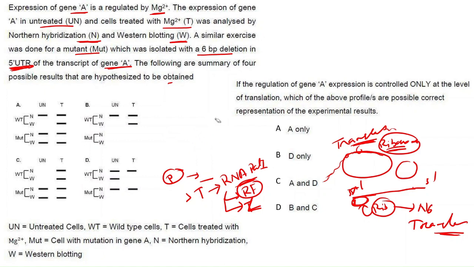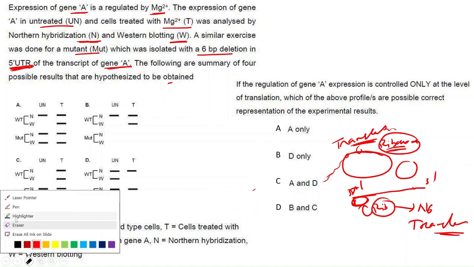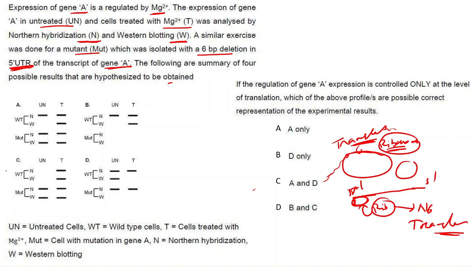So if in an untreated cell, let's talk about untreated. In untreated cells, meaning in wild type and in mutant, what will happen? In wild type untreated means Mg2+ is not there.